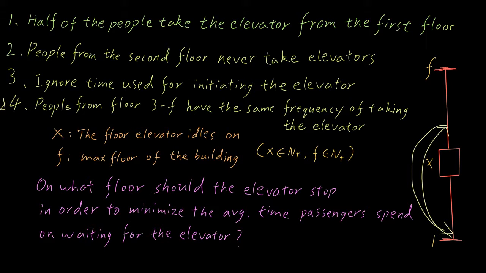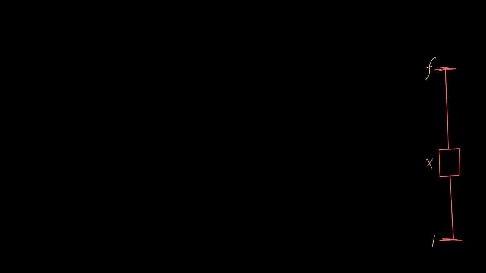Anyway, let's get into the actual solving of this question. Okay, so here I divided that into two parts. One part is x is less than or equal to 3, and another part is x is greater than 3.